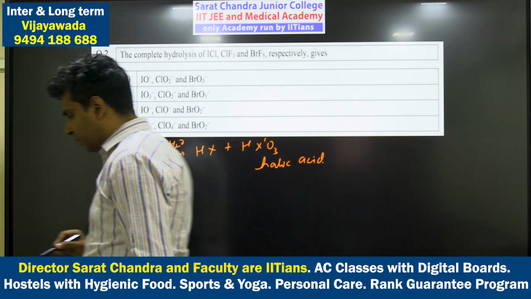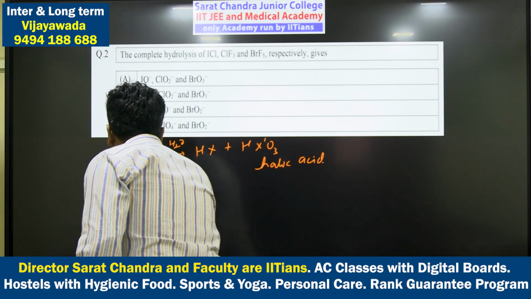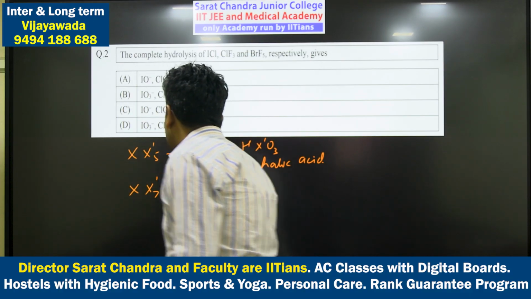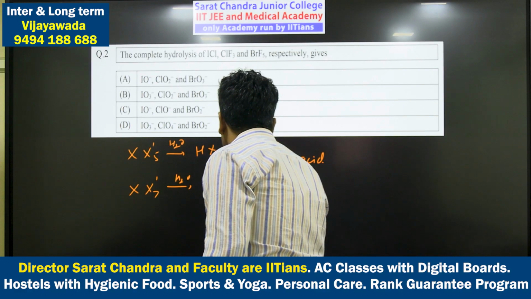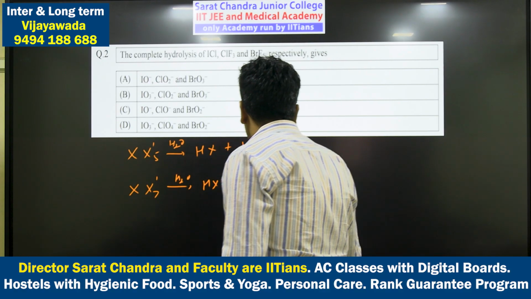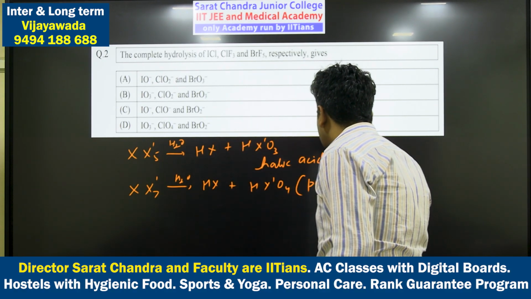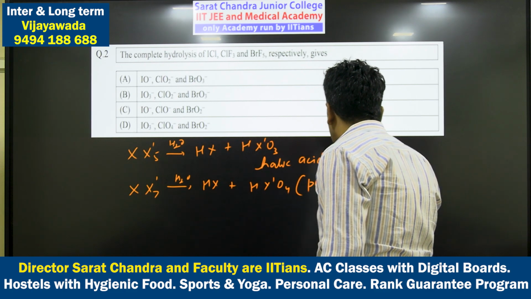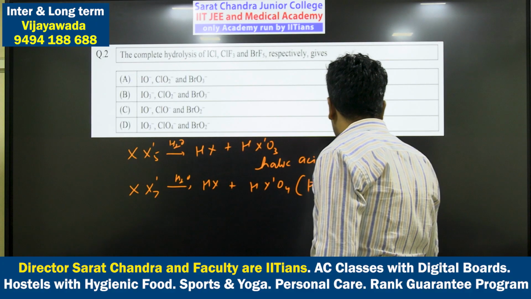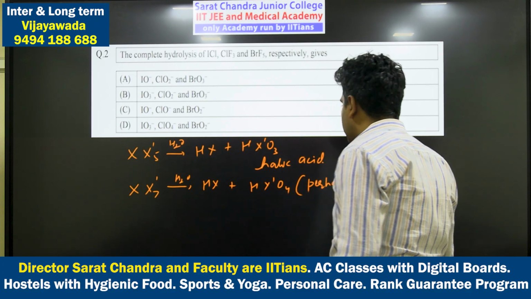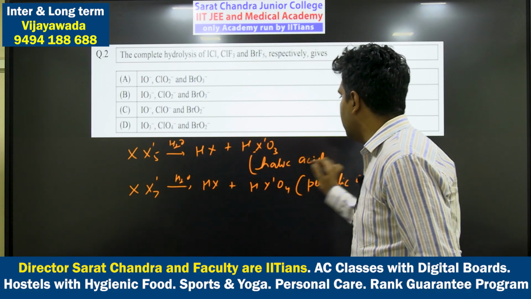And if the interhalogen compound is of the type XX'7, on hydrolysis it will give HX plus HX'O4. That is perhalic acid. Perhalic acid will be formed.